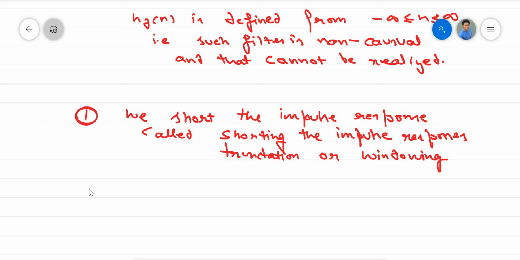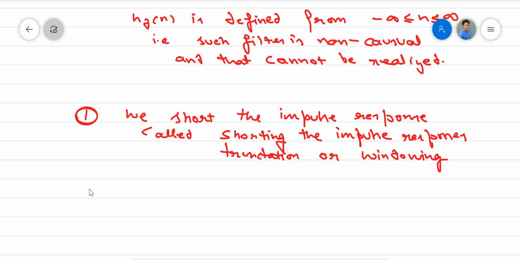Second problem, we want to make our system causal, right. We cannot realize a system which is going from minus infinity to infinity. That is one problem, because it is not summable. Another problem is that because it starts from minus infinity, it already has an output before we apply any kind of input.